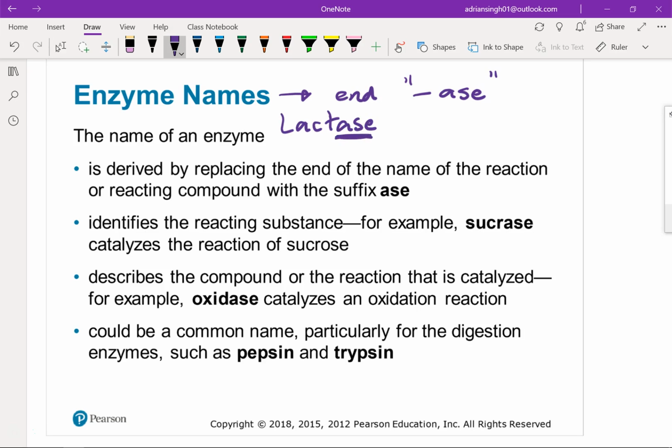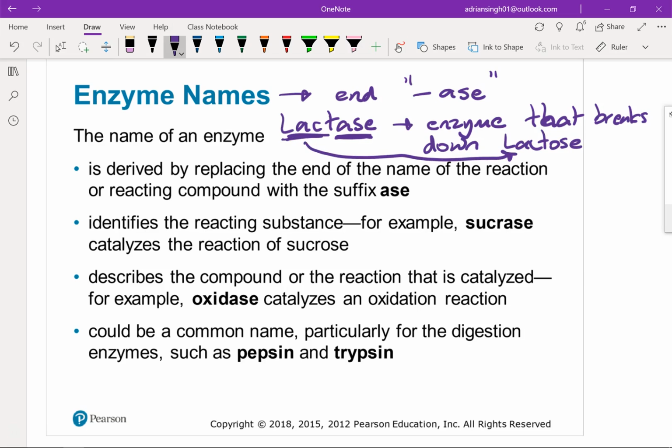All right, so lactase tells you right away that it's an enzyme, and then the first part of the name tells you what it actually does. So this is an enzyme that breaks down lactose, right? And that's the first part of the name here that tells you what it does. So the ending ase tells you it's an enzyme. The first part tells you what it does, or what it actually works on.